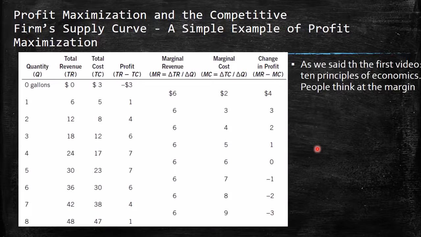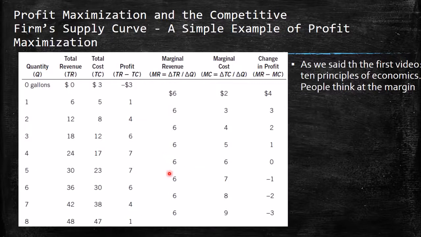So what is the idea about that? First, as we said in the first video, the 10 principles of economics, people think at the margin. So at this time, what is the main idea that you need to understand? That this firm will maximize its profits every time the price, which is going to be exactly the same as the marginal revenue, is going to be exactly the cost.